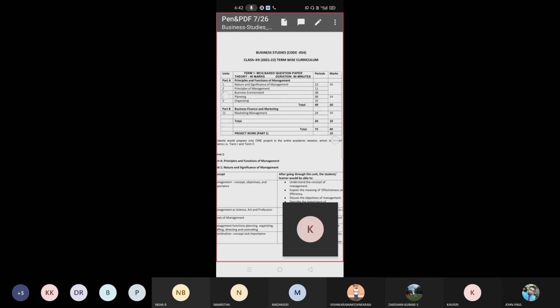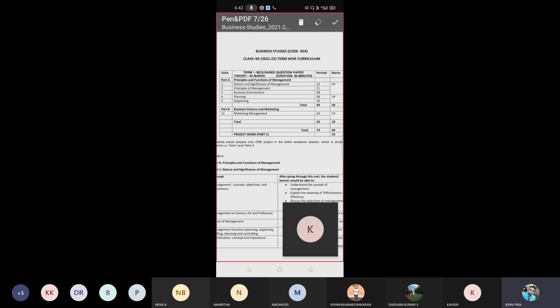So in term one, we'll be writing a MCQ based question paper. Term one is an MCQ based question paper, which consists of 40 marks, duration 90 minutes.